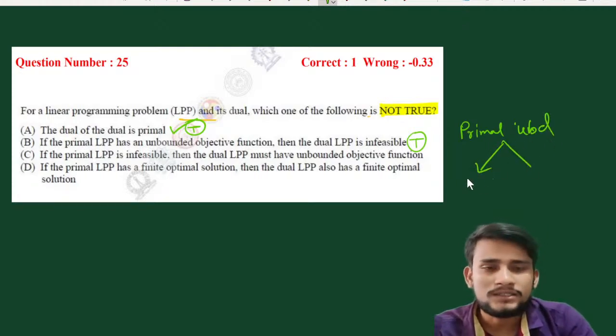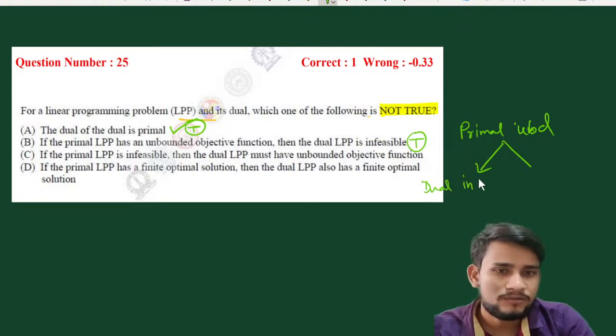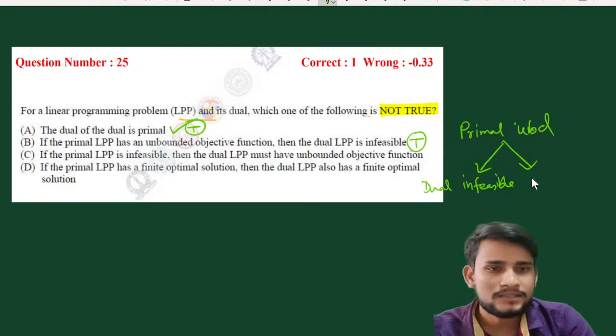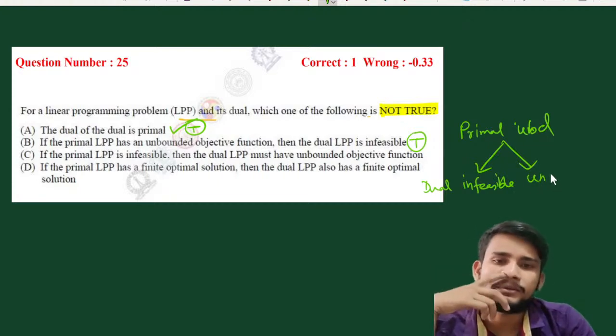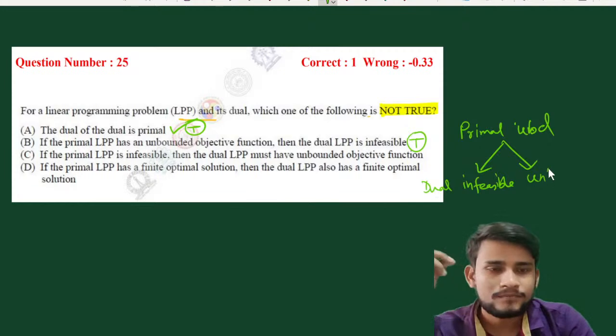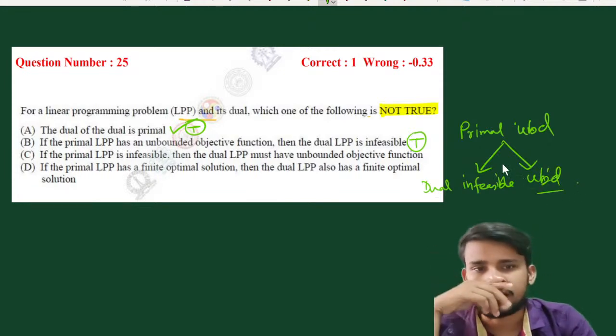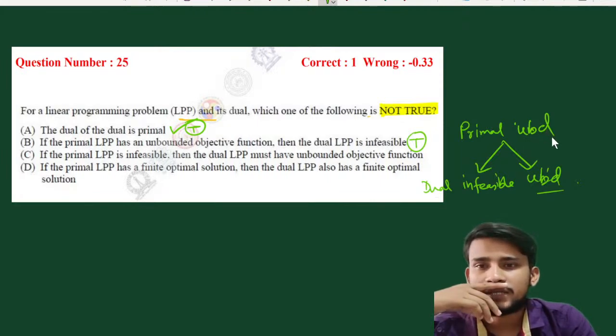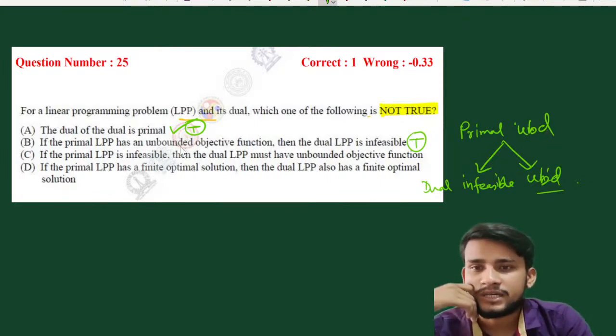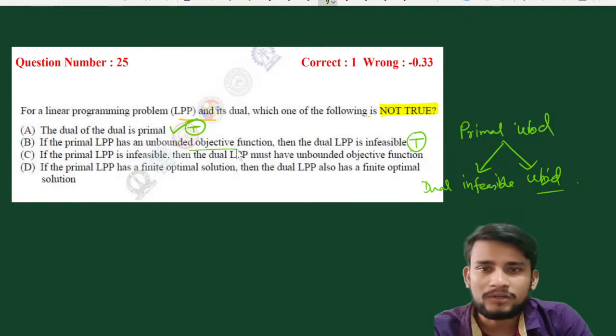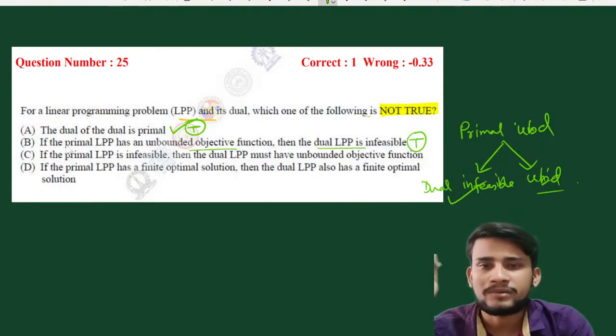One is that the dual is infeasible, or the dual has an unbounded solution. These two cases may occur if the primal problem is unbounded. So it says that if the primal has an unbounded objective function, then the dual is infeasible. Yes, this is correct, it may happen.